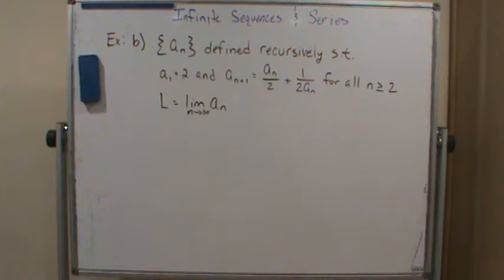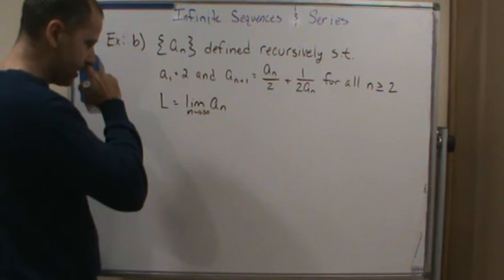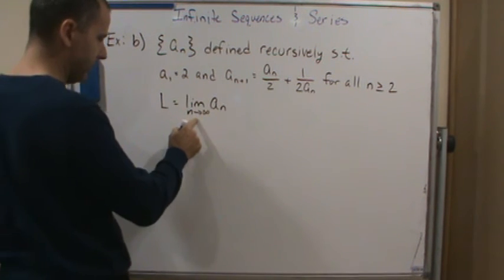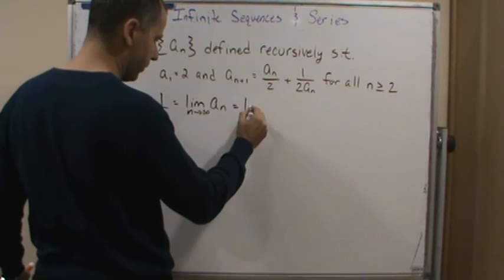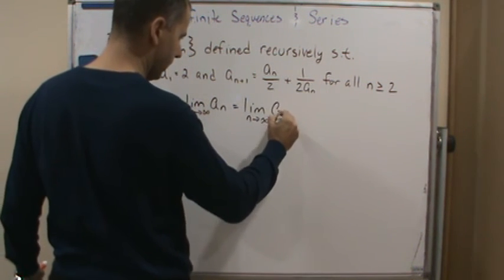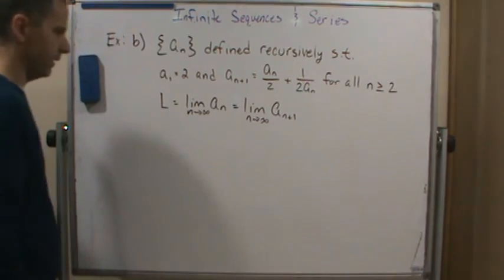Okay. Now we're going to use the recurrence relation. And don't forget, just like in the last one, this is equal to this, which is also equal to this, right?